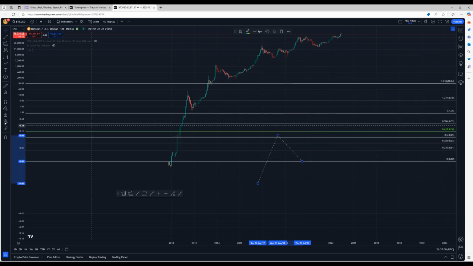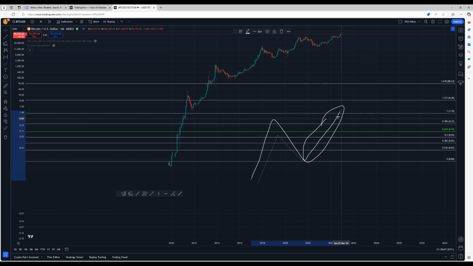Those 3 points project out where price could possibly go on this move here. So it goes up, down, up. This price action hasn't happened, but you're projecting where it could go based on previous price action.